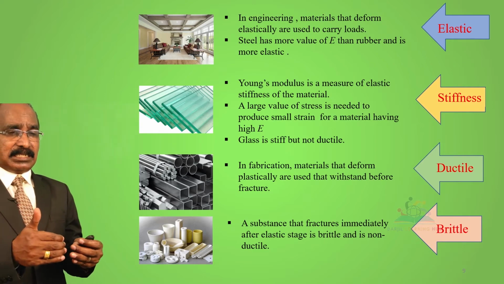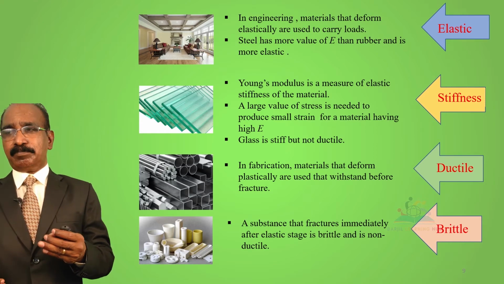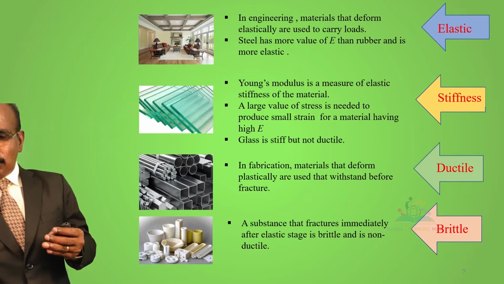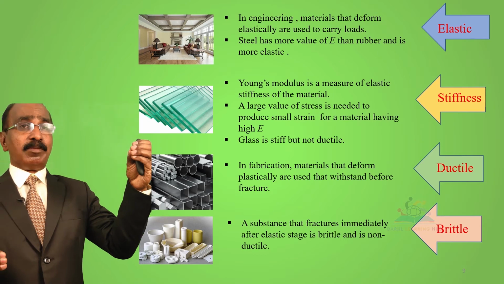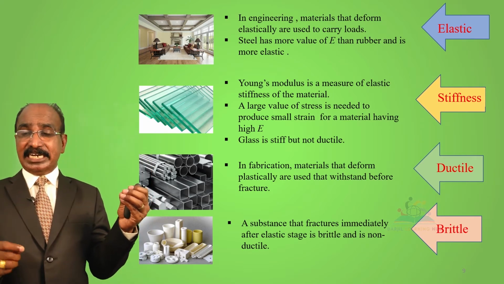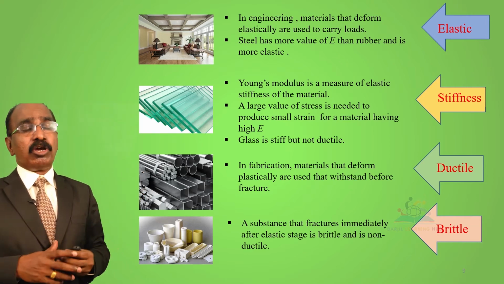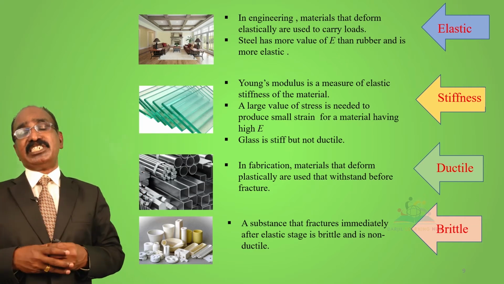And the second one is, we have already studied that Young's modulus will be equal to stress by strain. If the strain is very small, then Young's modulus will be very high. That means large stress must be needed to produce a small strain. And this is what we call the stiffness of the material.